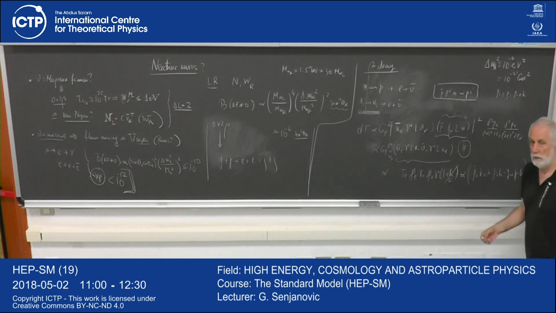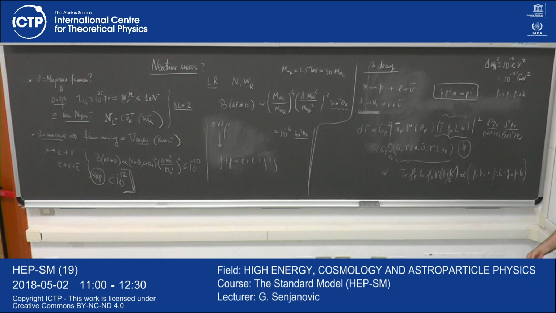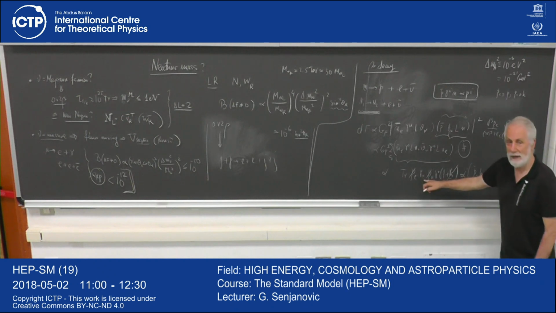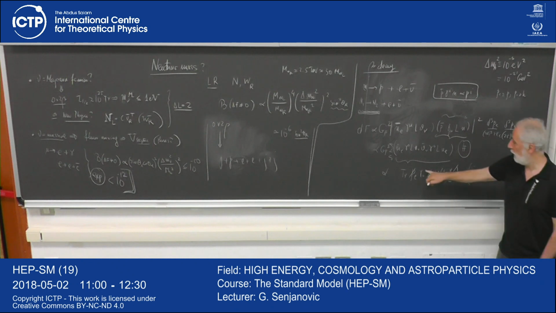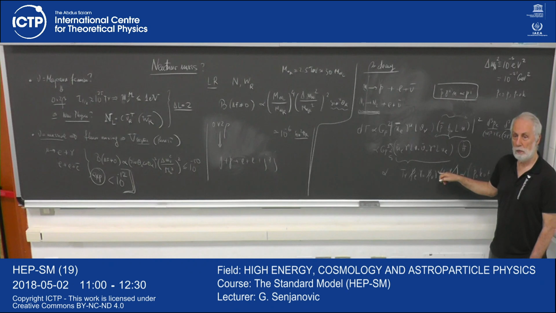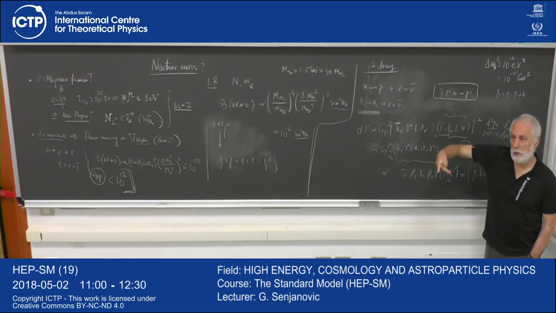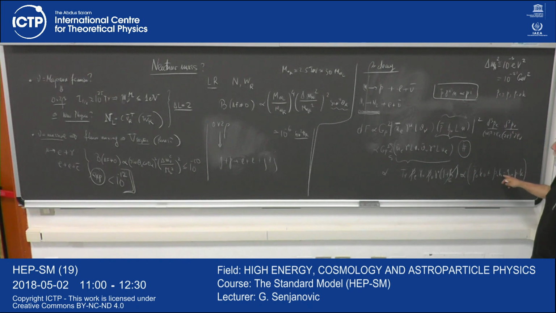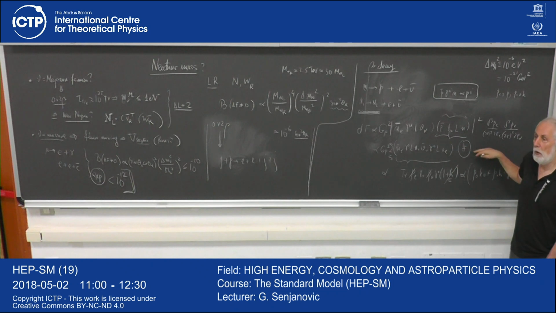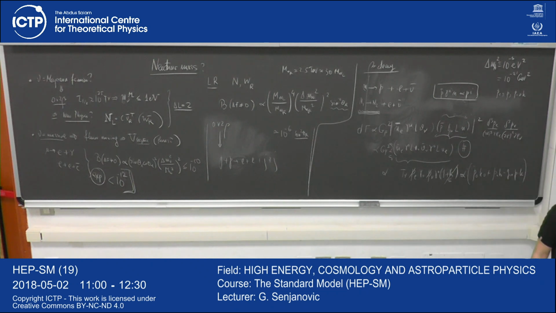So gamma 0 selects. If there was gamma mu, gamma nu, you could use the Lorentz structure. You would have P mu K nu, P nu K mu, it's symmetric. And then it comes out with a minus sign, g mu nu, P times K. And of course, in general, there will be epsilon mu nu alpha beta, which is 0 here. Okay. I pause. I want to make sure that you follow this.